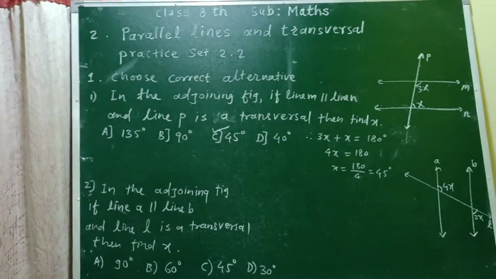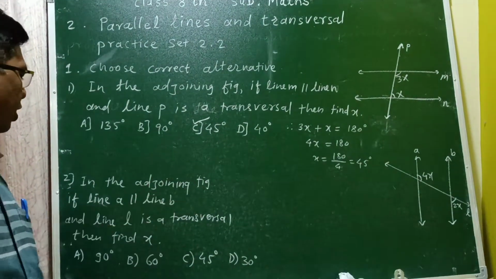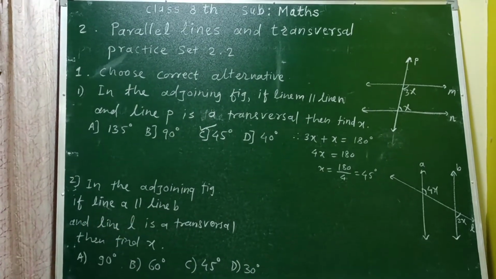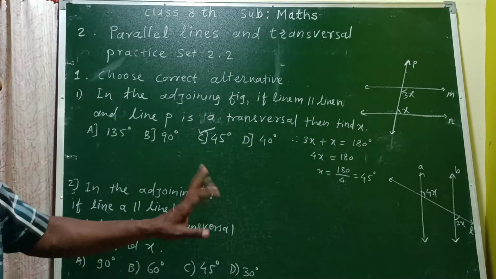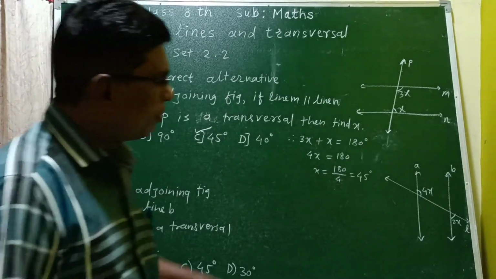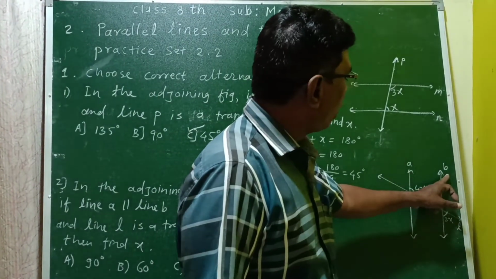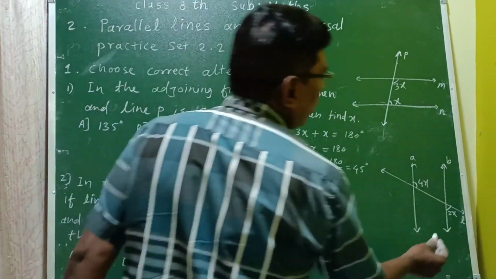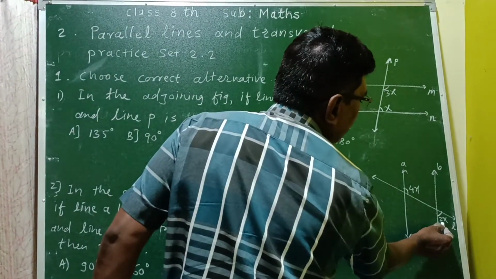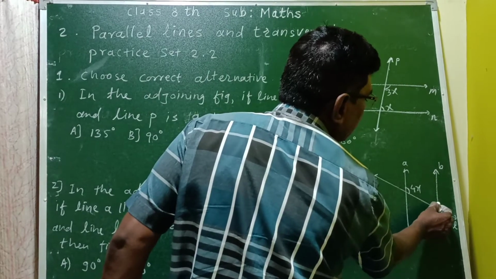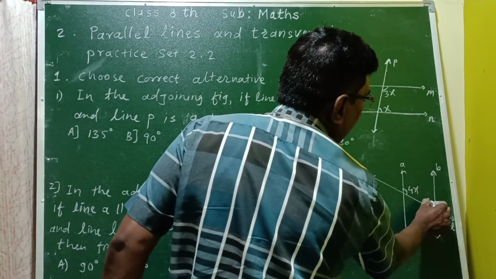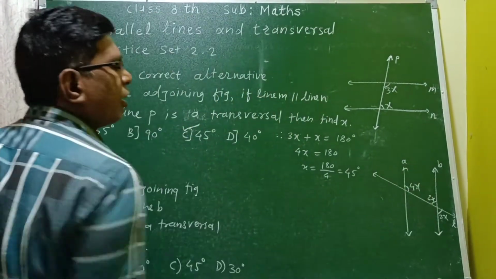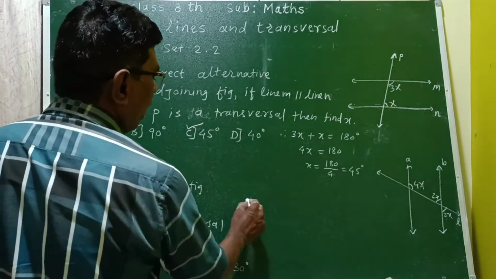Now, second question. In the adjoining figure, if line A is parallel to line B and line L is a transversal, then find x. Now, the vertically opposite angle of 2x is here, and this angle is 2x. Now, 4x and 2x form a pair of interior angles.